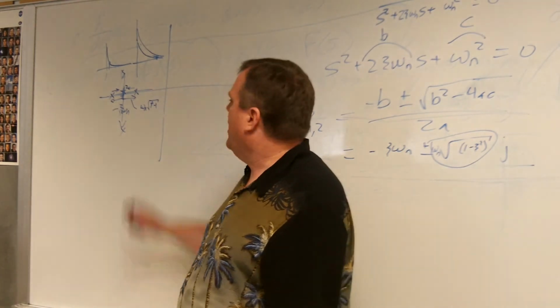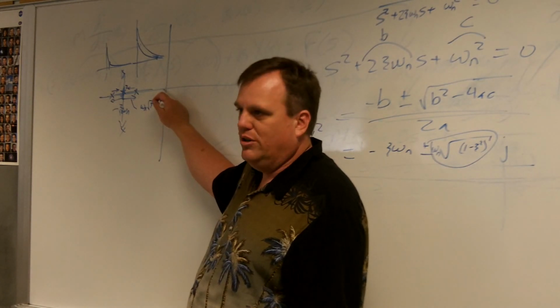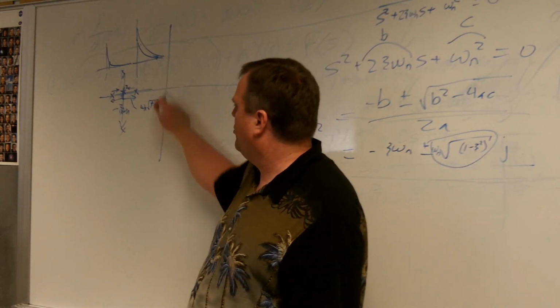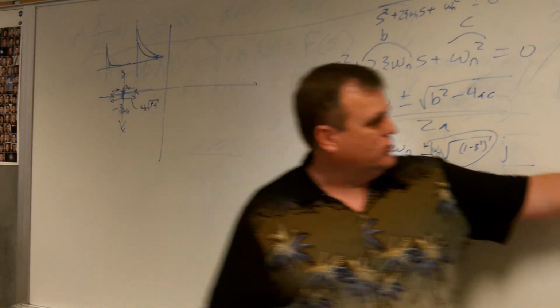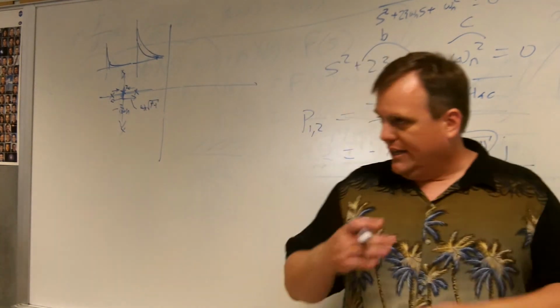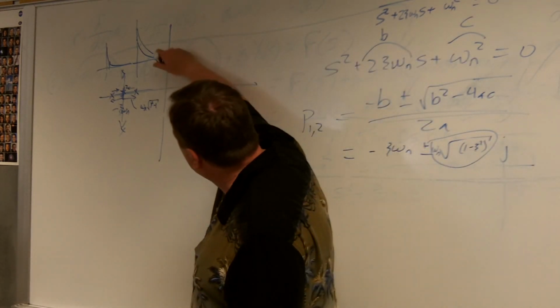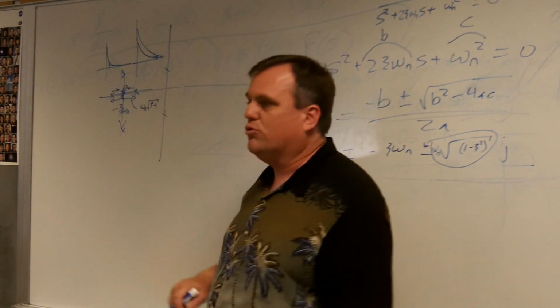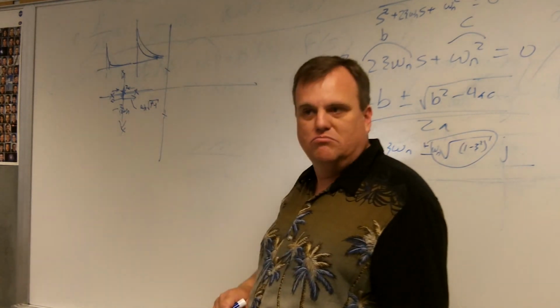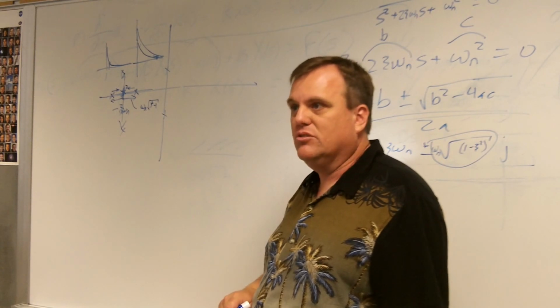If I'm purely oscillating, but there's absolutely no damping at all, I'm right on the border here. Because e to the minus zeta omega n, if that's 0, that goes away, I just get sines and cosines. So your sines and cosines look like poles right on your axis, just the imaginary axis.